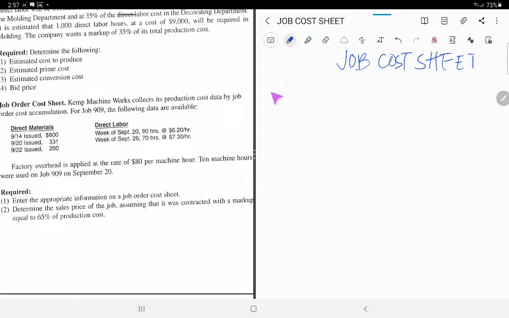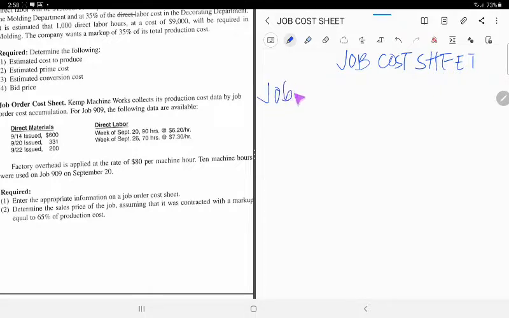For now, I'll be presenting the horizontal presentation, but when we solve this problem, we will be using the vertical presentation, or the report form, and the other one would be the account form. What other information are we going to include in the job cost sheet?